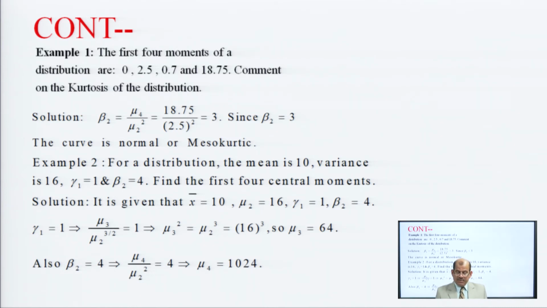Solving it, we get mu 3 is equal to 64. Also beta 2 is equal to 4, and beta 2 is equal to mu 4 divided by mu 2 square, so solving it we get mu 4 is equal to 1024.